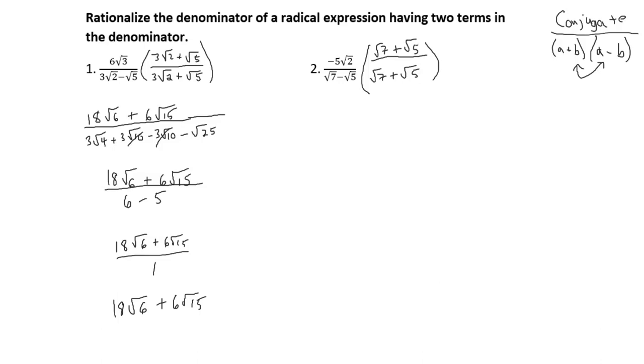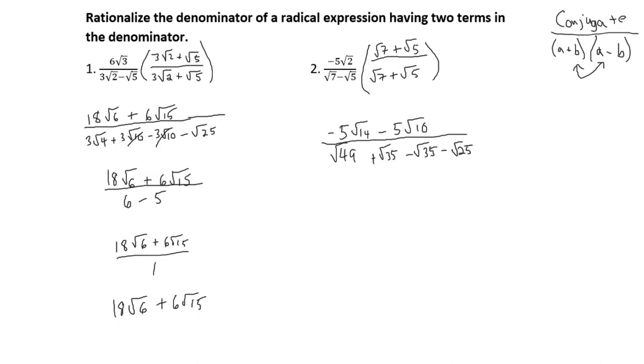Make sure we multiply top and bottom by the same thing. So on top, we have negative 5 root 14 minus 5 root 10, all divided by square root of 49 plus square root of 7 times 5, 35, minus square root of 35 minus square root of 25.